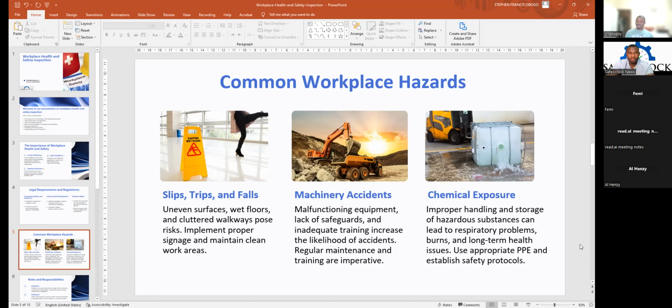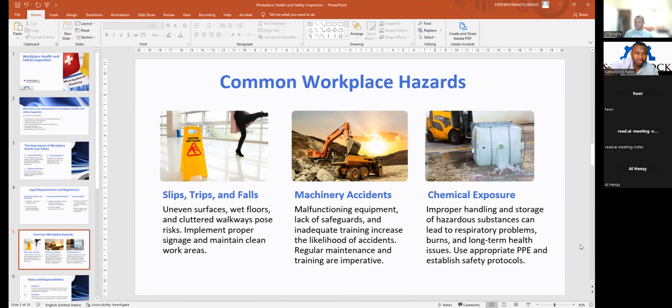Okay, because when workers are exposed to all these chemicals, this will also lead to some health implications. Most of the common ones are respiratory problems. If chemicals spill on you as a worker, this could lead to burns, and there are also some other long-term effects which could be cancerous in nature.